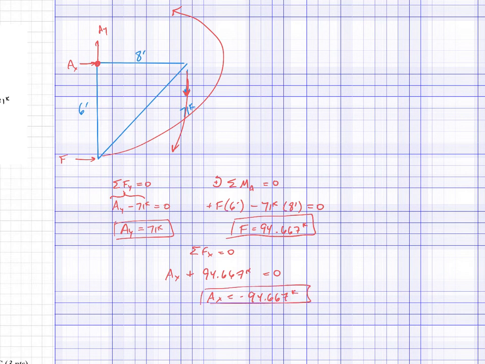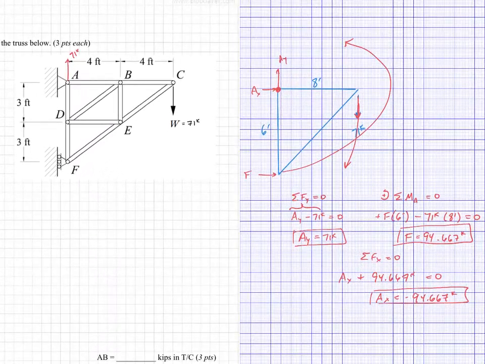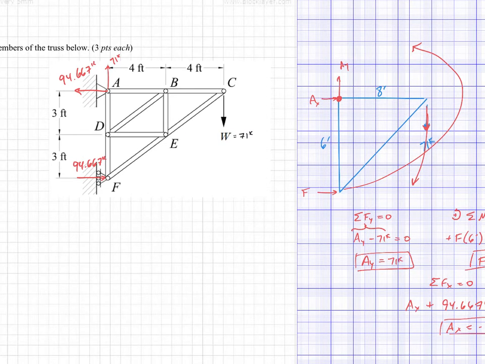Okay? So we'll go back over here, and we're going to go ahead and plug these in. So AX is going this way, 94.667 kips. And F is going this way, 94.667 kips.